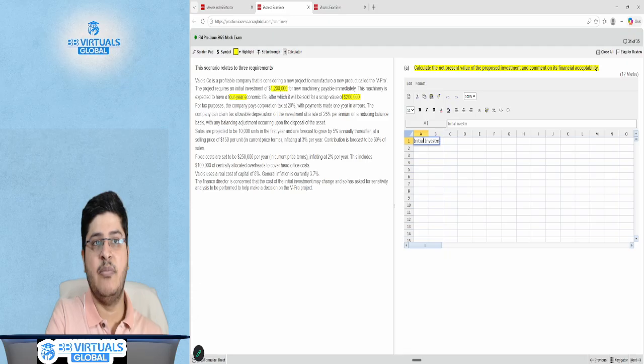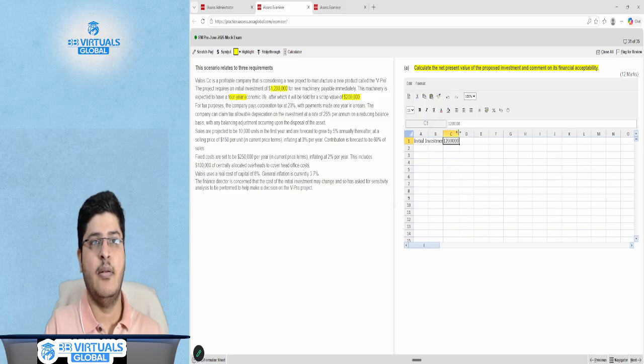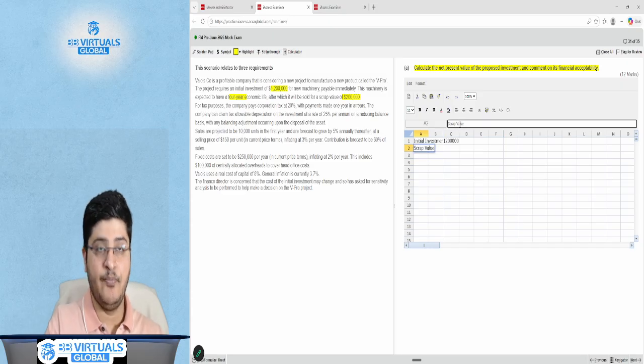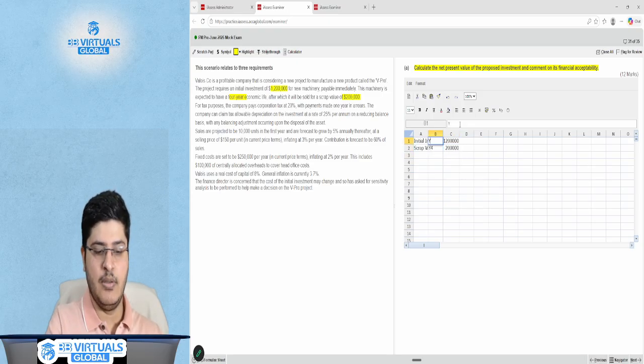So initial investment is going to be 120,000, correct. Then the scrap value at the end of year 4 is going to be 200,000. This is year 4, this is year 0.